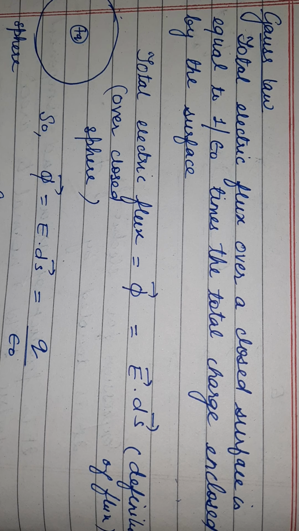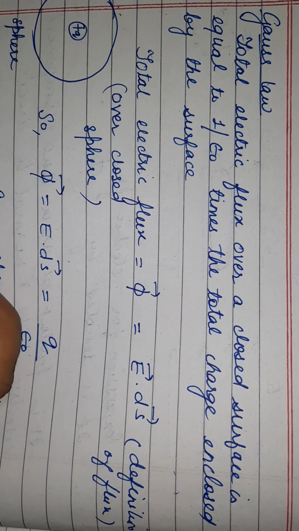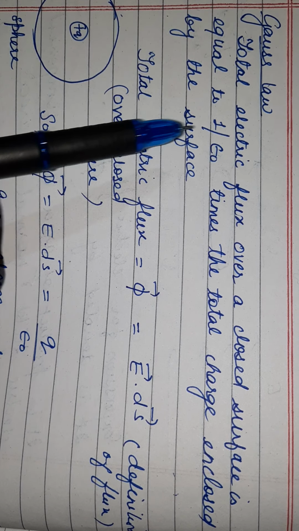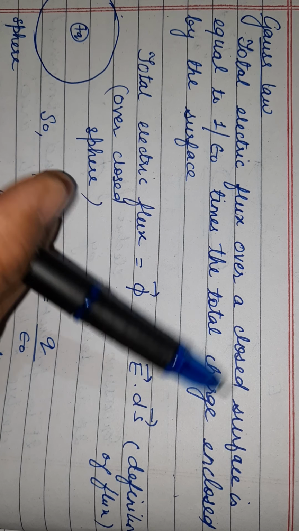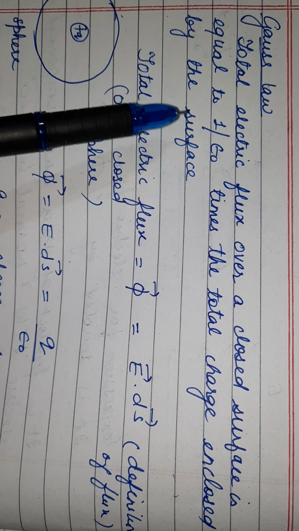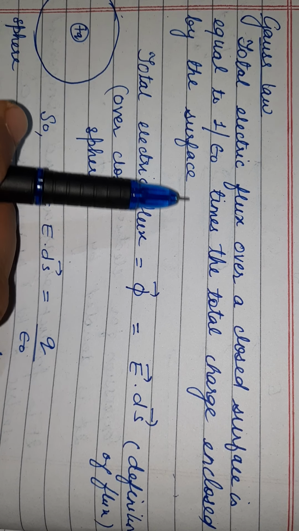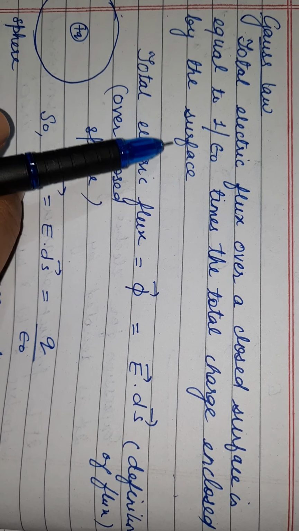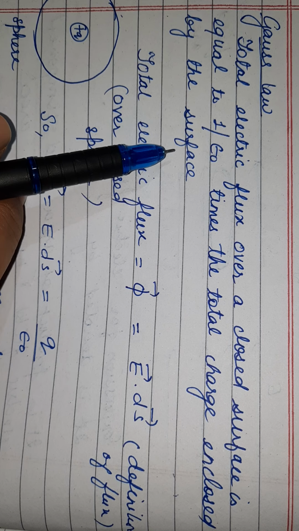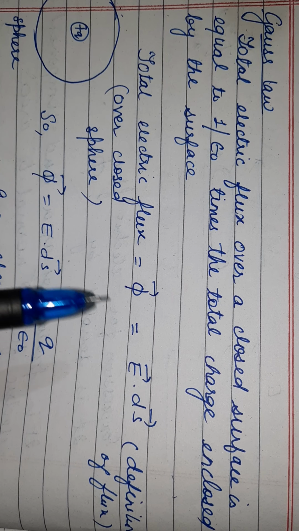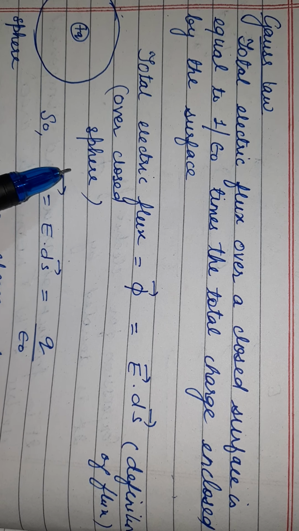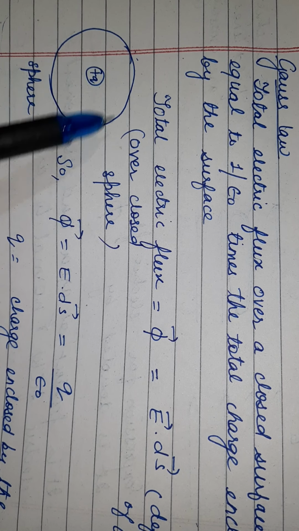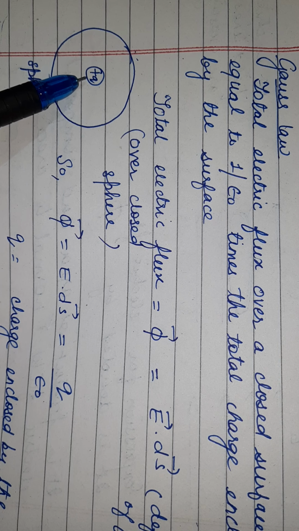Next is Gauss law. According to this law, the total electric flux over a closed surface is equal to 1 upon epsilon naught times the total charge enclosed by the surface. Suppose we consider the total electric flux over this closed sphere, and inside this sphere there is a plus q charge.